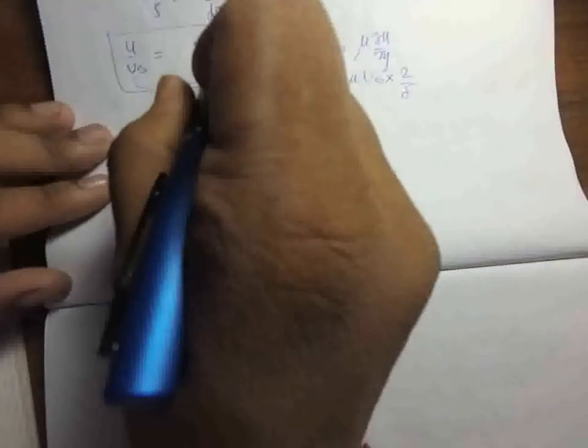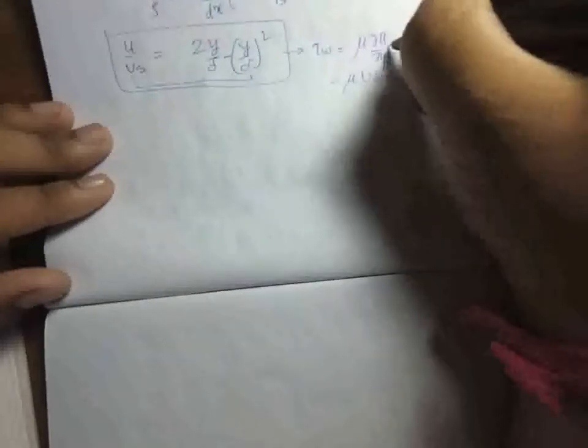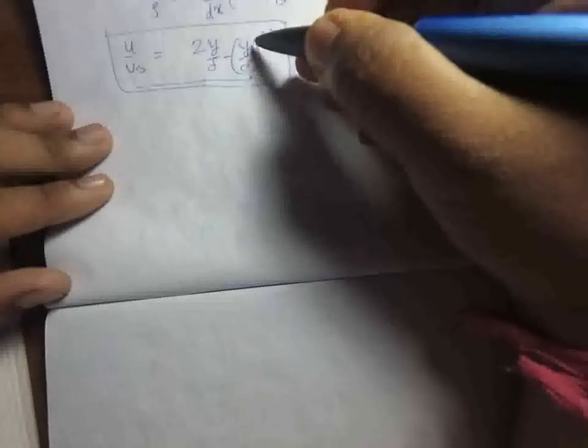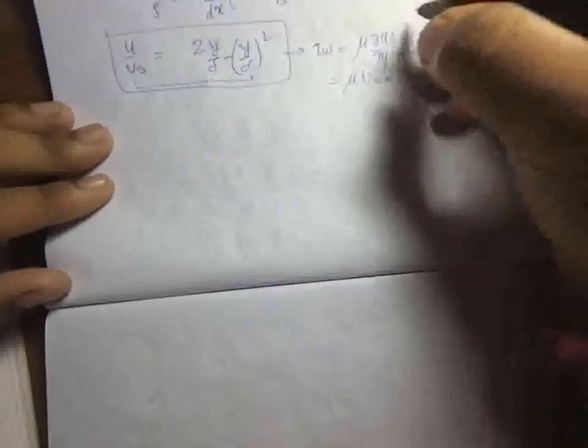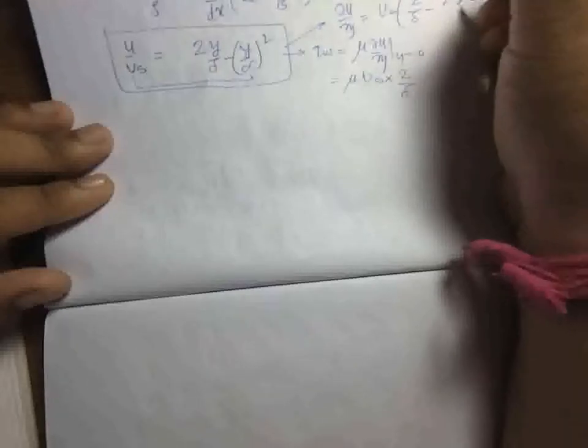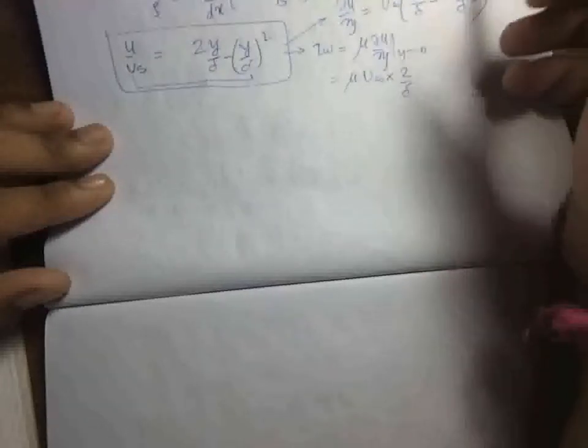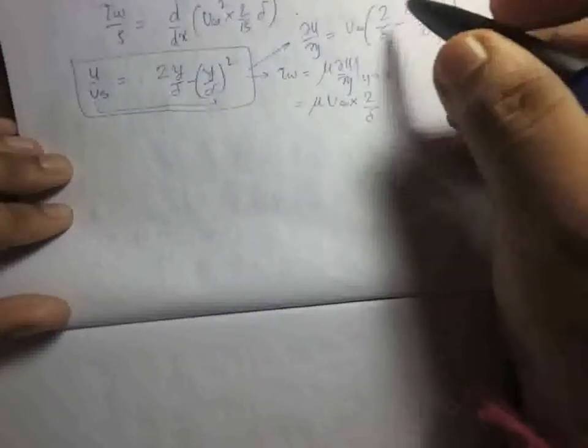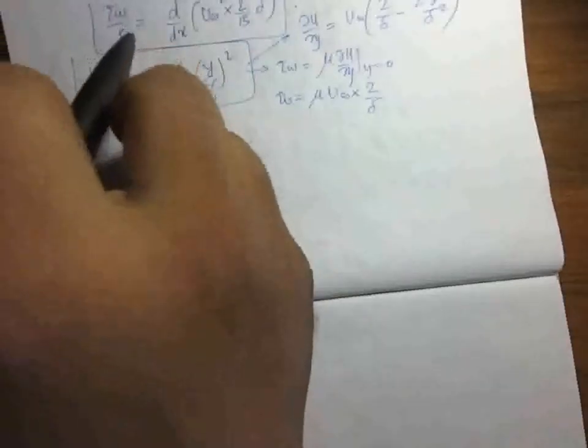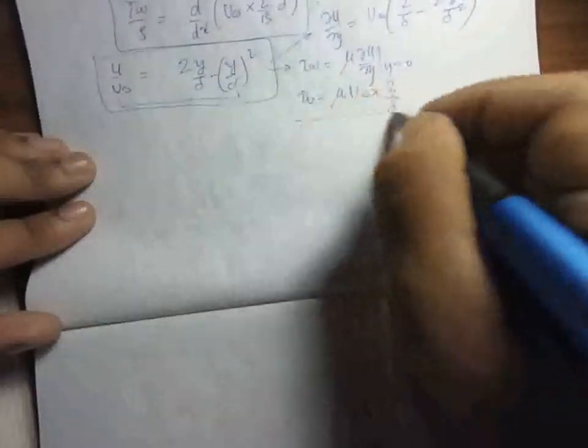Simply take a derivative of this. So u infinity goes over here and this y goes, and then we have taken it at y equal to 0, so the contribution from this term goes, because essentially del u by del y is equal to u infinity times 2 by delta minus 2y by delta square. And then when you set y equal to 0, this term goes, and hence you get tau wall equal to this.